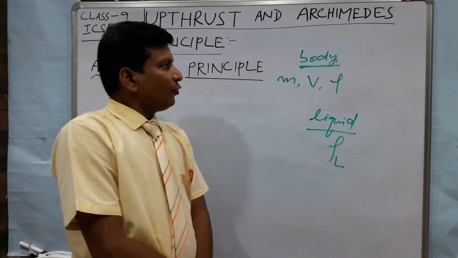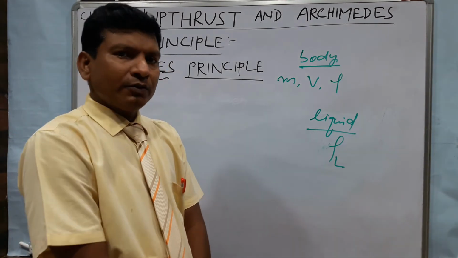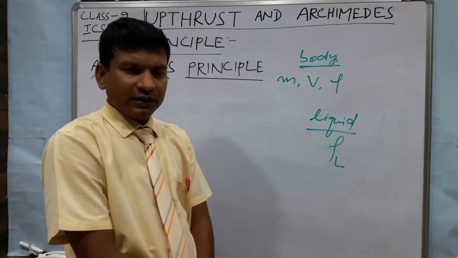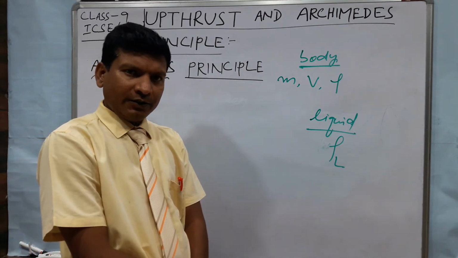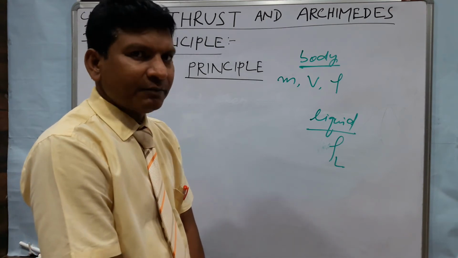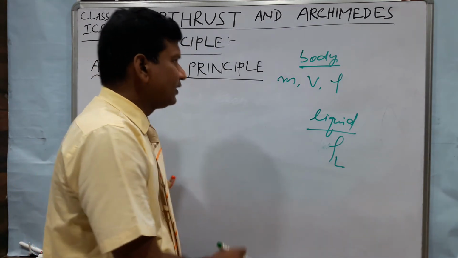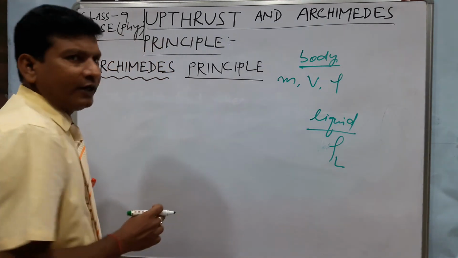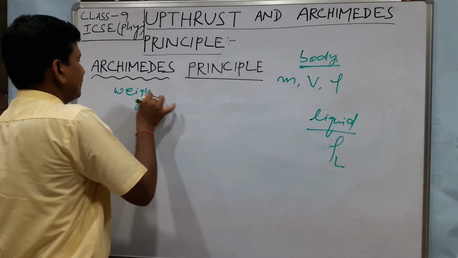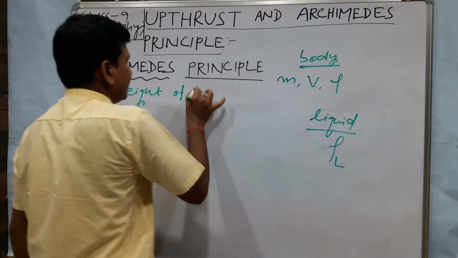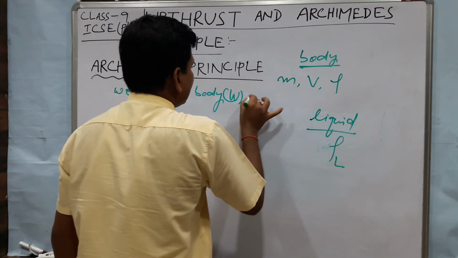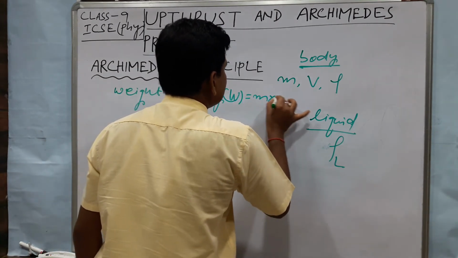Now we know that the weight of the body is equal to the upthrust, isn't it? When the body is immersed in the liquid, from the Archimedes' principle you have known this. So now let us find the weight of the body. The weight of the body W is equal to, what do you know? M into g.